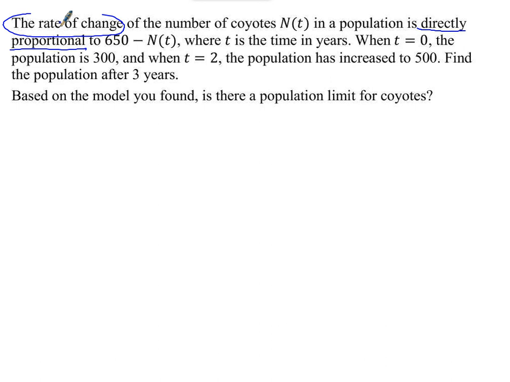Normally dy over dx, but in this problem, dn over dt equals, now directly proportional means that I have a k times whatever it's directly proportional to, which in this case was 650 minus n. Not n of t, just n, sorry.